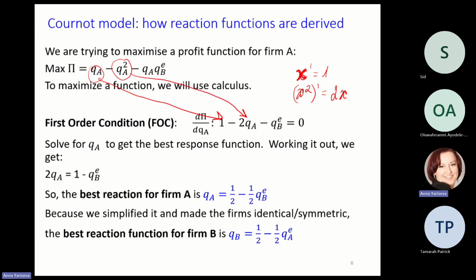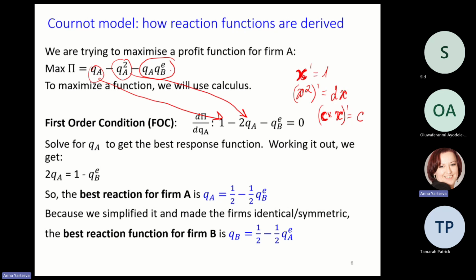QA is our variable. This is equivalent to the situation when we have some constant times x. So some unknown constant times our unknown. And when we differentiate this, it becomes equal to this constant, whatever the constant is.